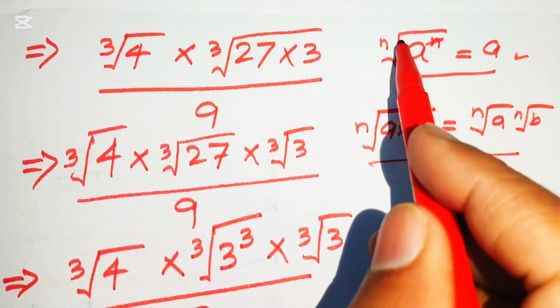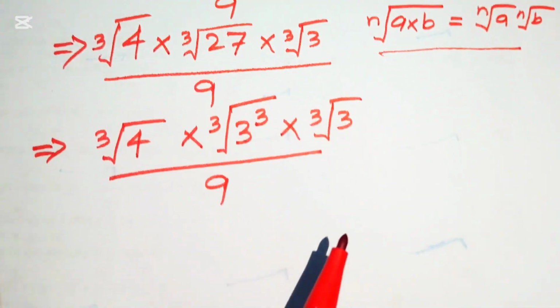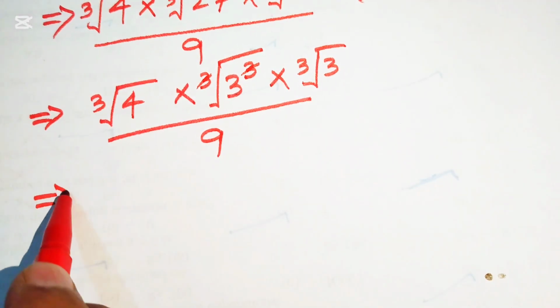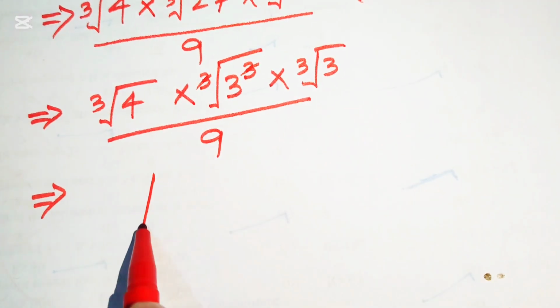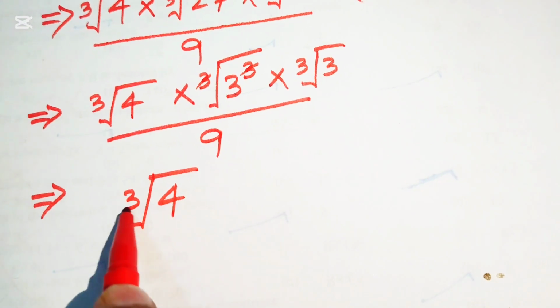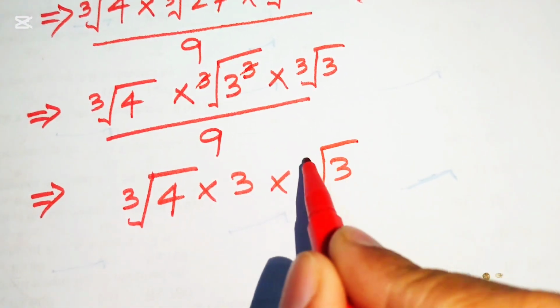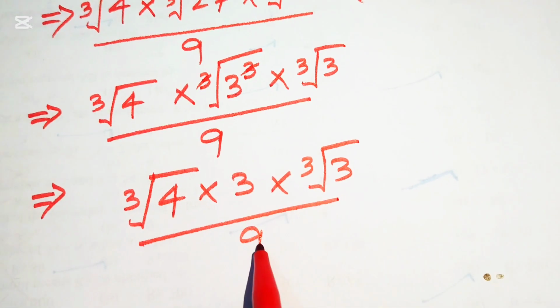Again we use this property of the cube root: these two cancel each other and you get a. According to this property, the 3 and the cube root are gone, and we obtain the cube root of 4 multiplied by 3 multiplied by the cube root of 3, divided by 9.